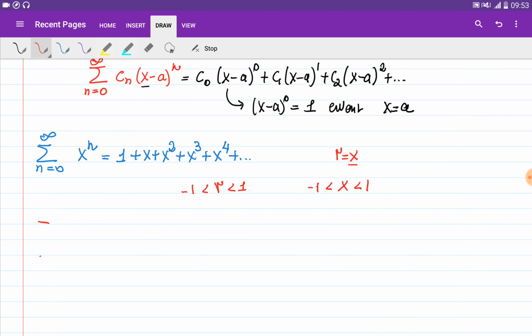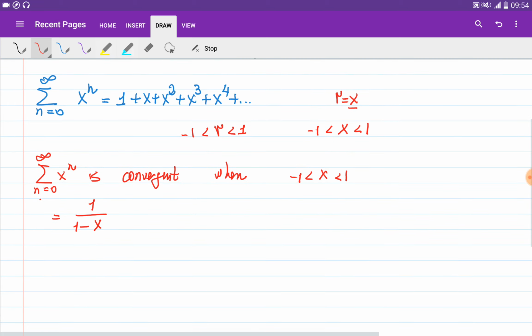The series x to the power of n, n goes from 0 to infinity, is convergent when x is between -1 and 1, and we even know the sum of the series. It's going to be the first term, which is 1, divided by 1 minus the common ratio, which is x.